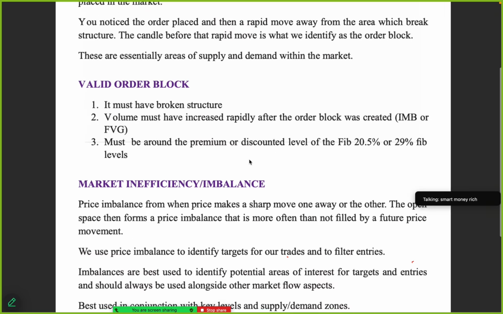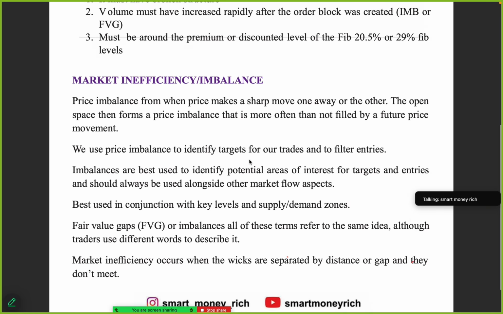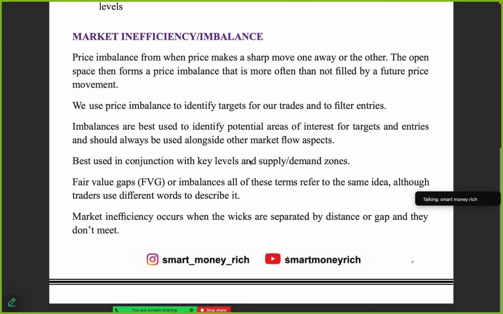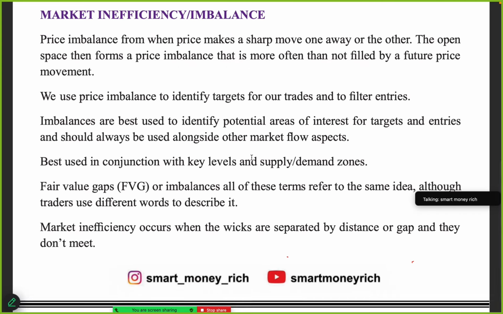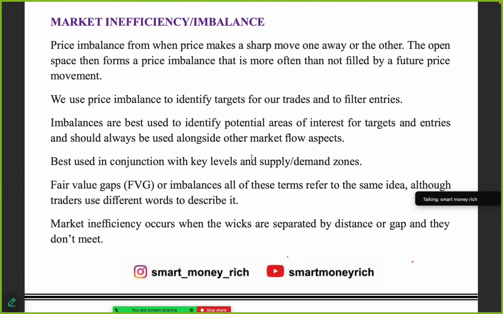So now, let's move on and talk about market inefficiencies, or we call it imbalance. Price imbalance forms when price makes a sharp movement one way or the other.